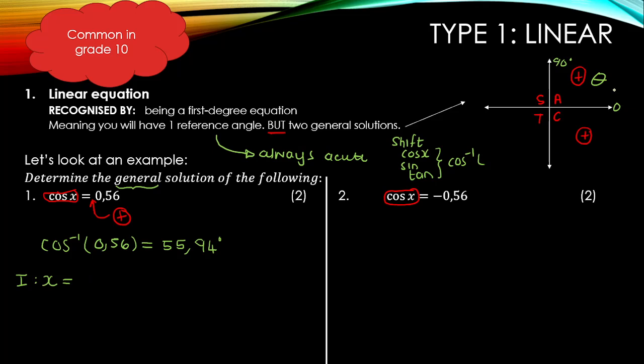So, where are we? Quadrant 1. What do I know? Quadrant 1 is just theta. What did I calculate theta to be? Well, 55,94 degrees. And then to compensate for all of those solutions of us going around and round and round, we're going to add k times 360.